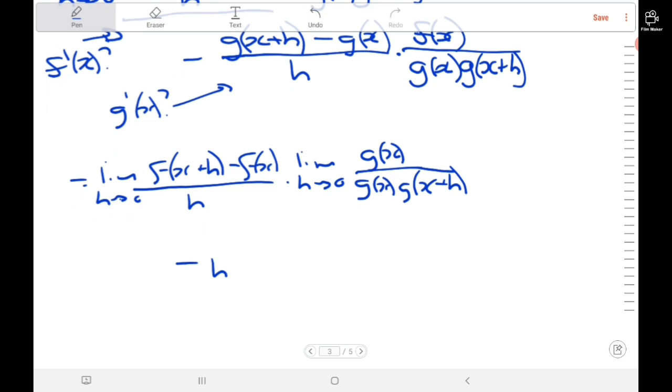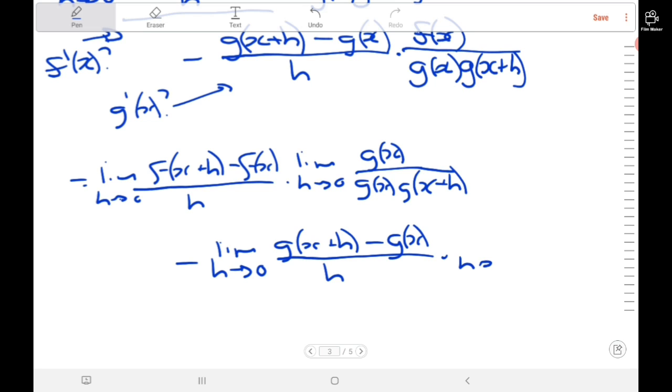We have the limit as h goes to 0 of g of x plus h minus g of x divided by h times the limit of the rest of the product, which is f of x divided by g of x times g of x plus h.